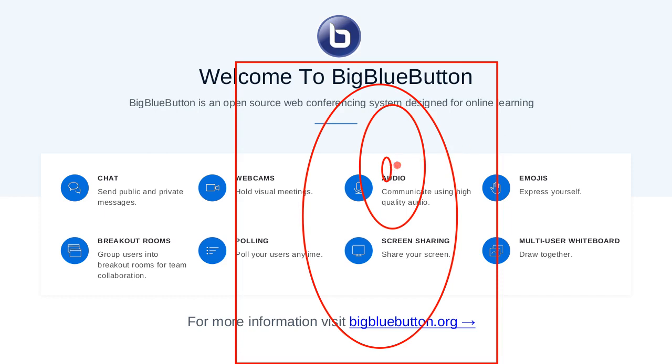This is A. Then this is B. Then this is C.